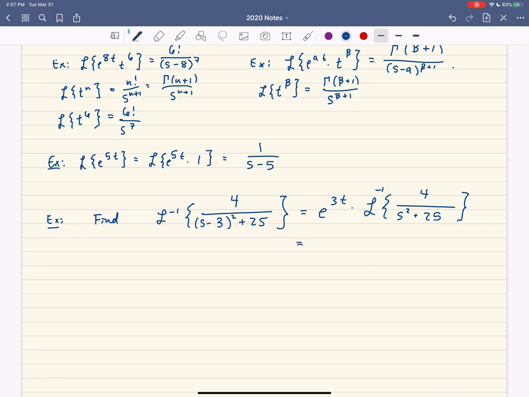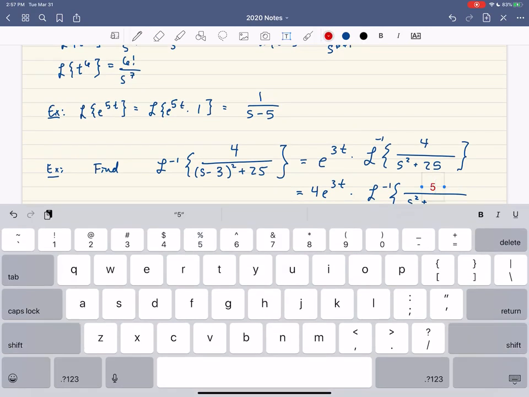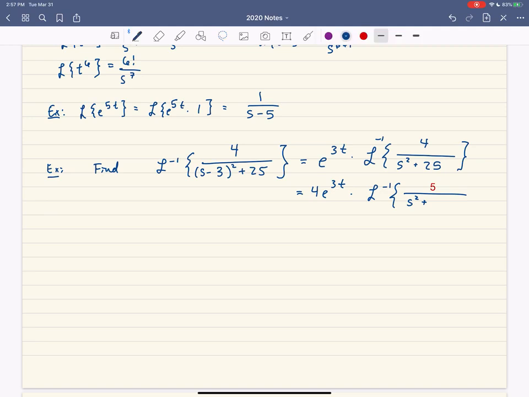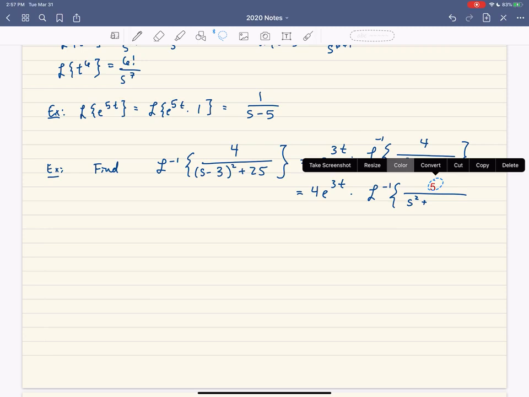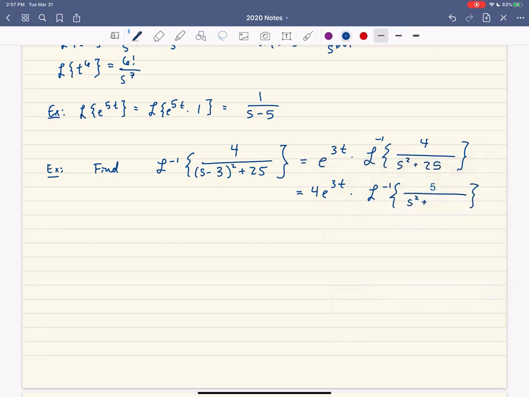So I'm going to bring out the 4, and I'm going to put in a 5. Now, we're not allowed to just put in a 5. In order to keep it balanced, this, by the way, is a 5. Back to having a problem with my handwriting here. So we're going to put in that 5 at the cost of bringing another 5 outside.